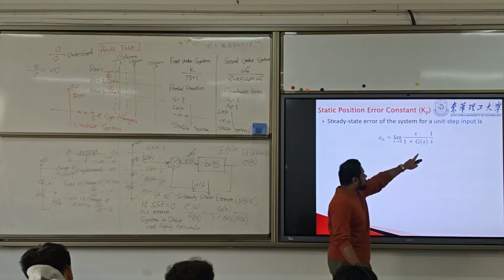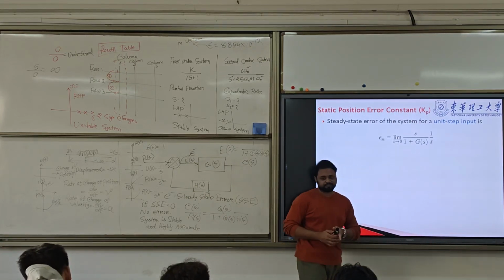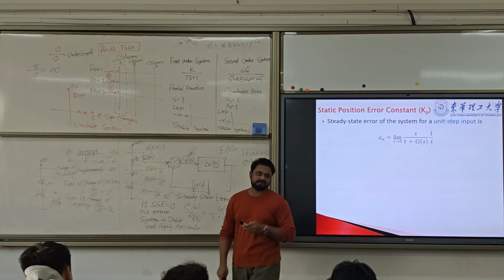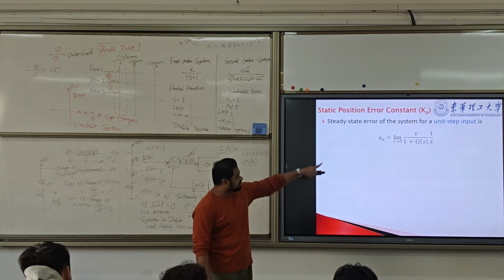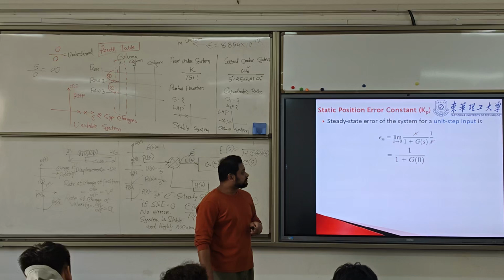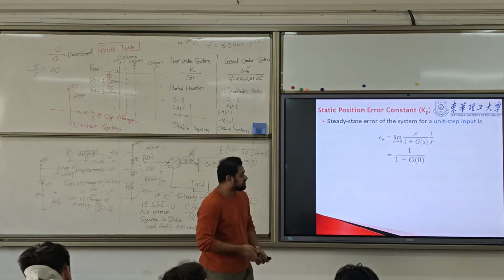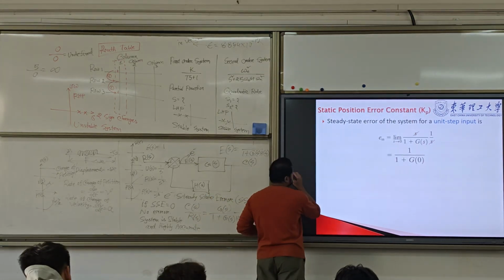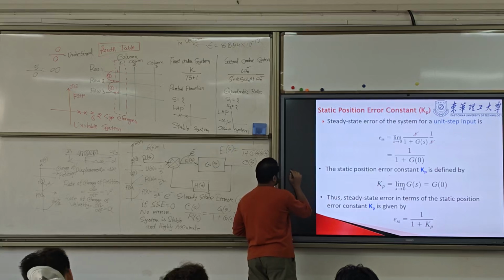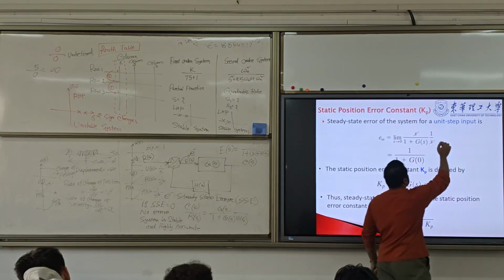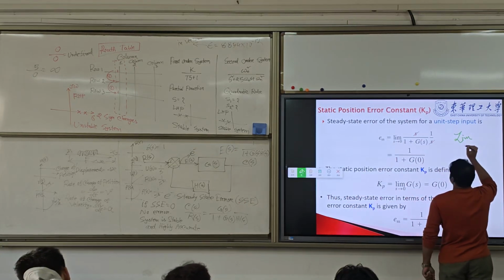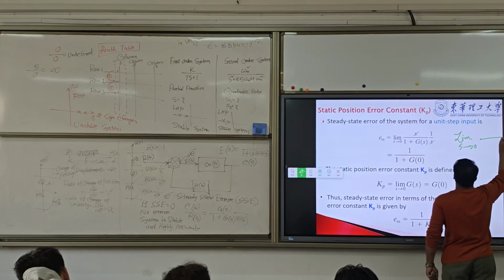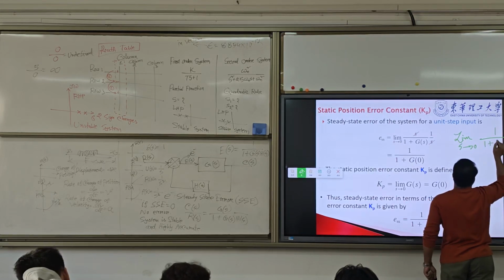So R(S) will be 1 by S. R(S) is equal to 1 by S. So this S will be gone. Then we can call it 1 plus G(0). How do you get it? I will show you. Look, this is limit S tends to 0, 1 by 1 plus G(S).